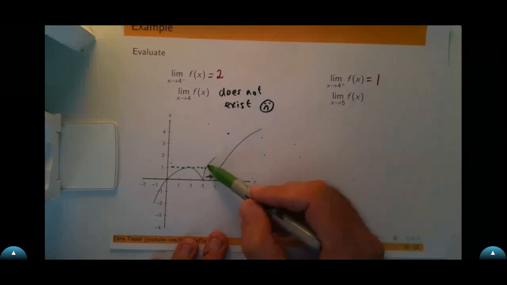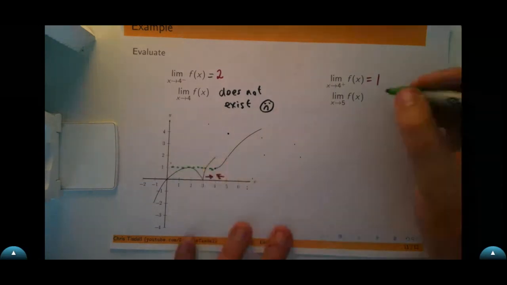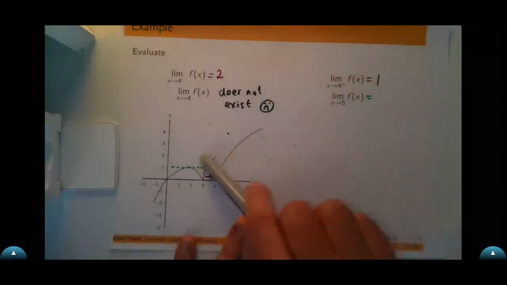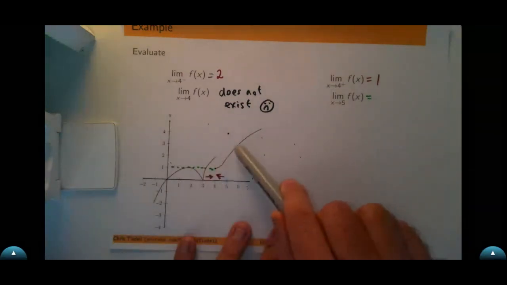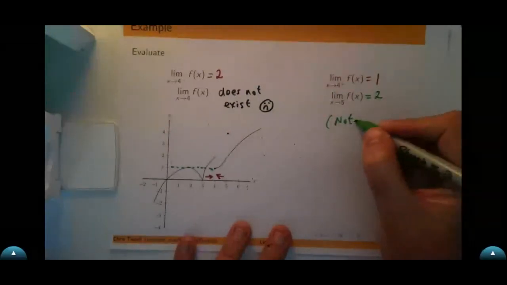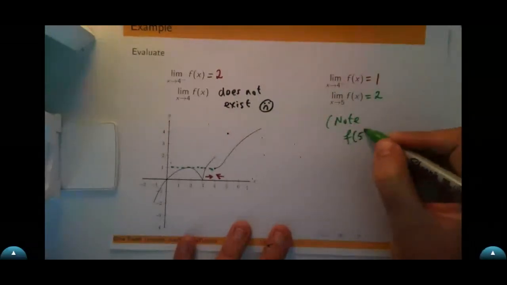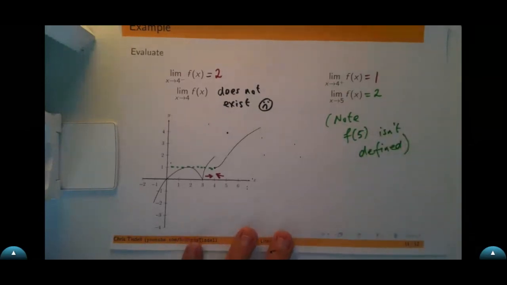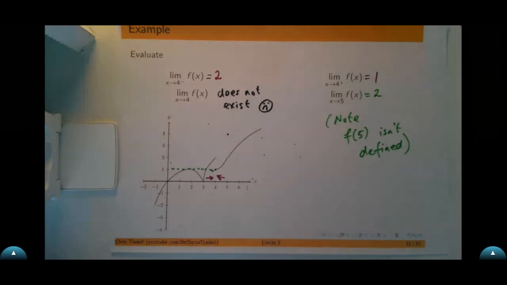But when we come in this way, the graph is going up towards 2. All right, so what is this? 5. Yes, it's definitely approaching 2 from the left and 2 from the right. So no, f of 5 isn't defined. Okay.